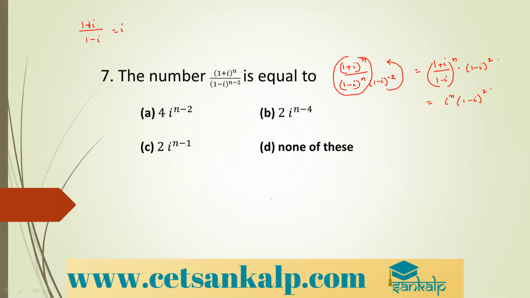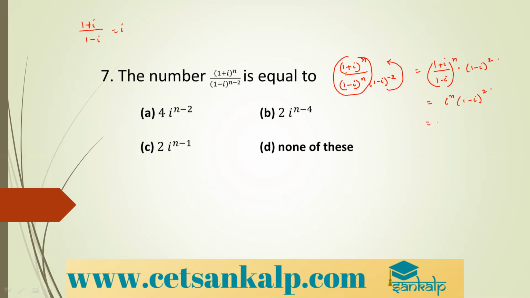So until here, I got it. Now, how to get the answer which I want, which is there in the options? I must get only that. So I have to manipulate it. I have to change it. What will I do to change?